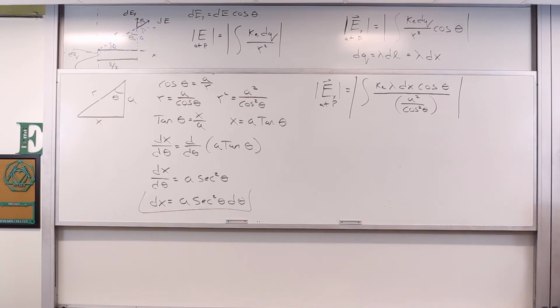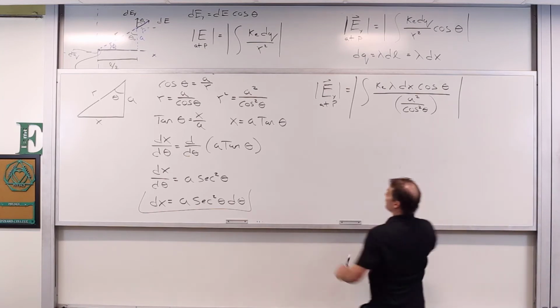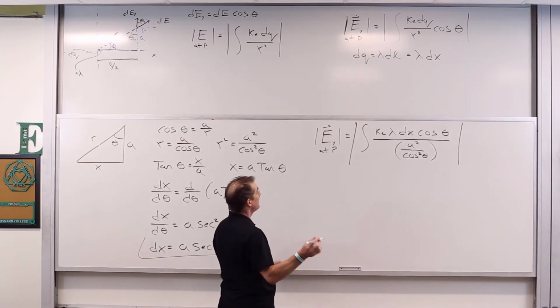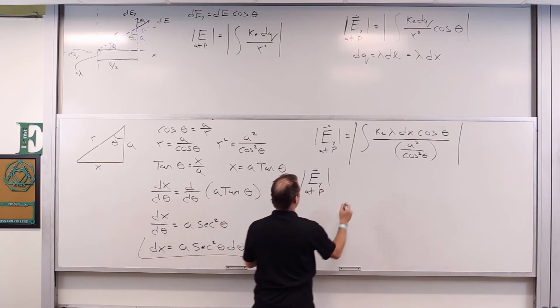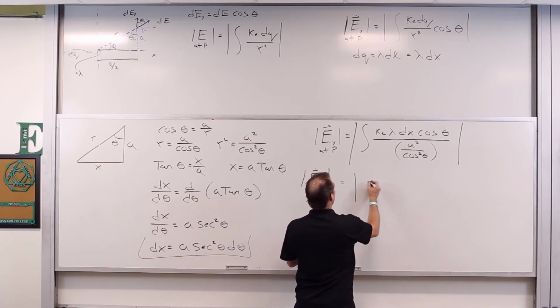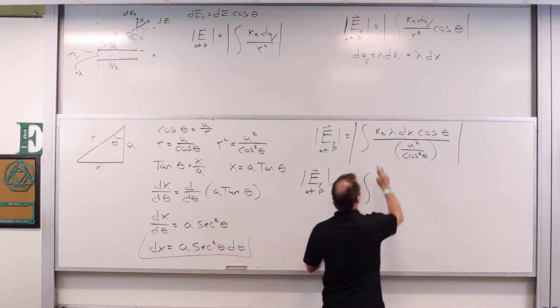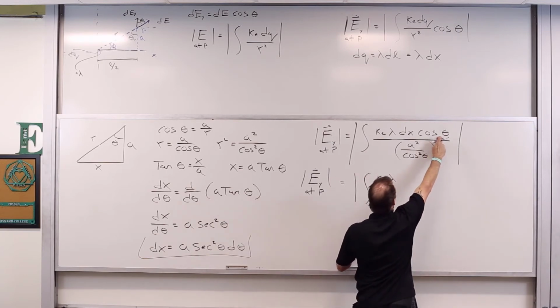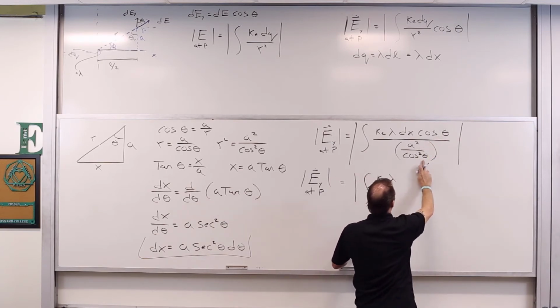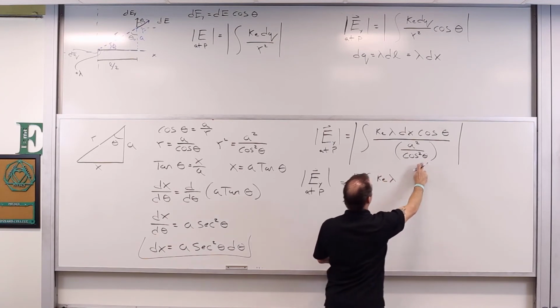So what do we want to do with this? Yeah, we want to go ahead and start putting that in for dx and see how this all comes into light. So we've got the electric field at point P, again, this is due to half of the distribution, is equal to the integral of, we've got a k sub e, we've got a lambda, we've got a cosine theta there, and then we've got another cosine squared theta.